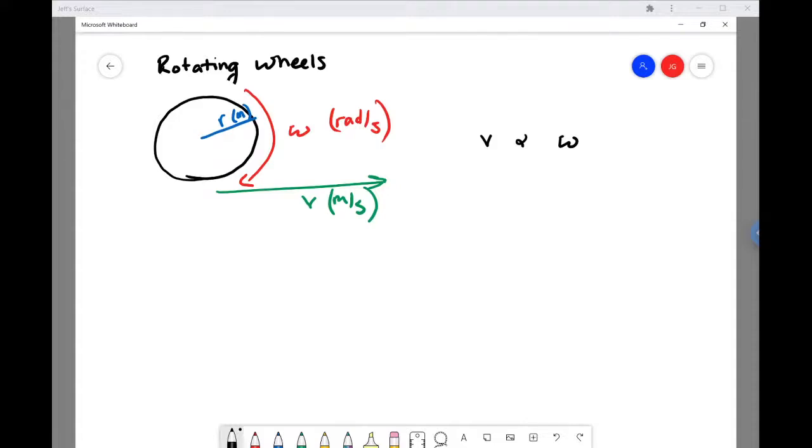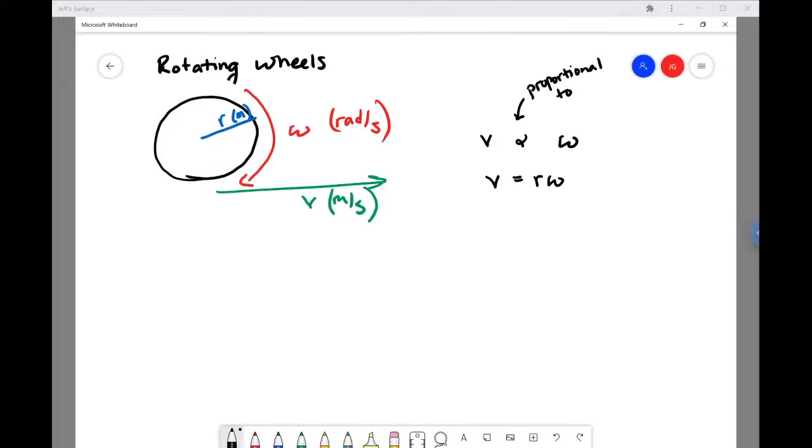This little symbol means proportional to, if you've never seen it before. Proportional to. Thanks, Nicole. Nicole's got it. The proportionality constant that makes this proportionality an equation is r. v equals r omega.